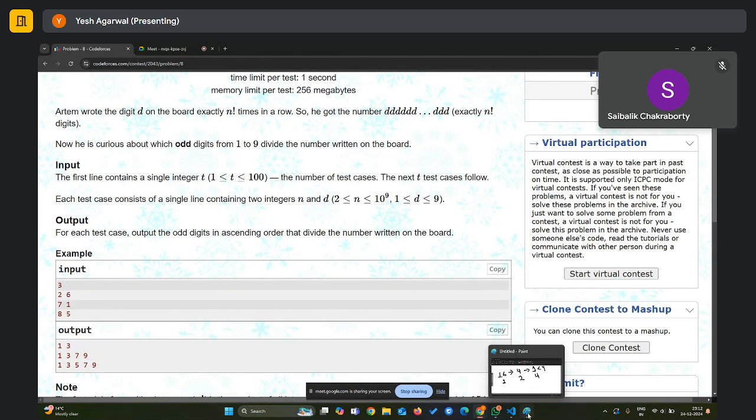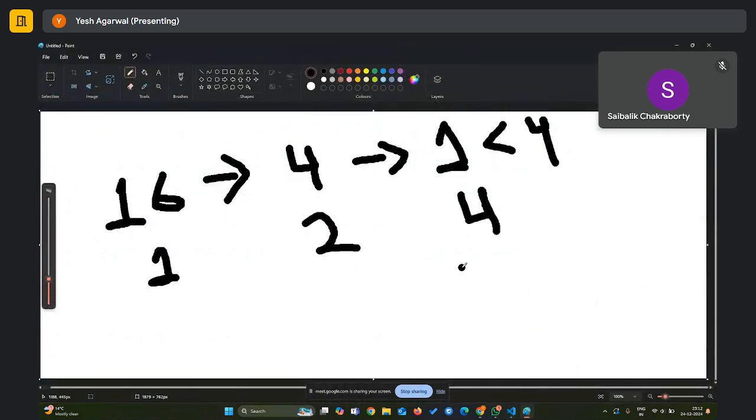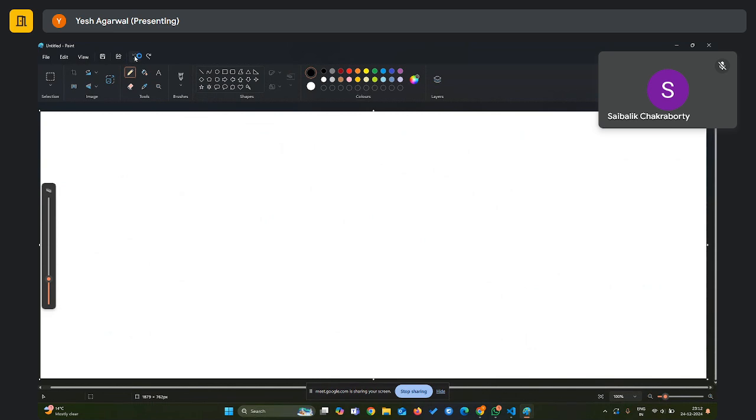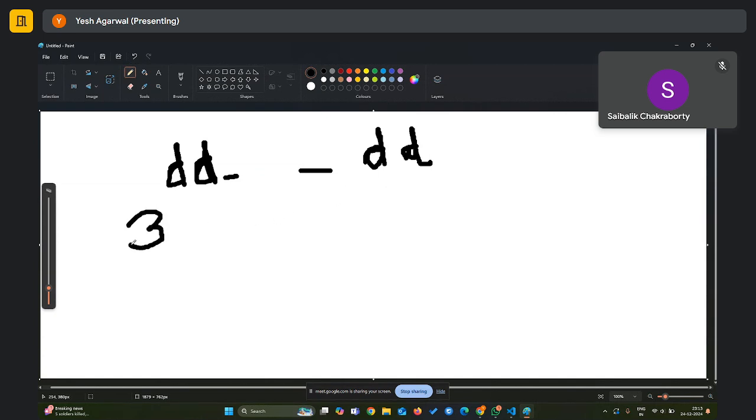So let's say a number d, and it continues like this, d and d. So what will it take for it to be divisible by 3? It will always be divisible by 1, right?